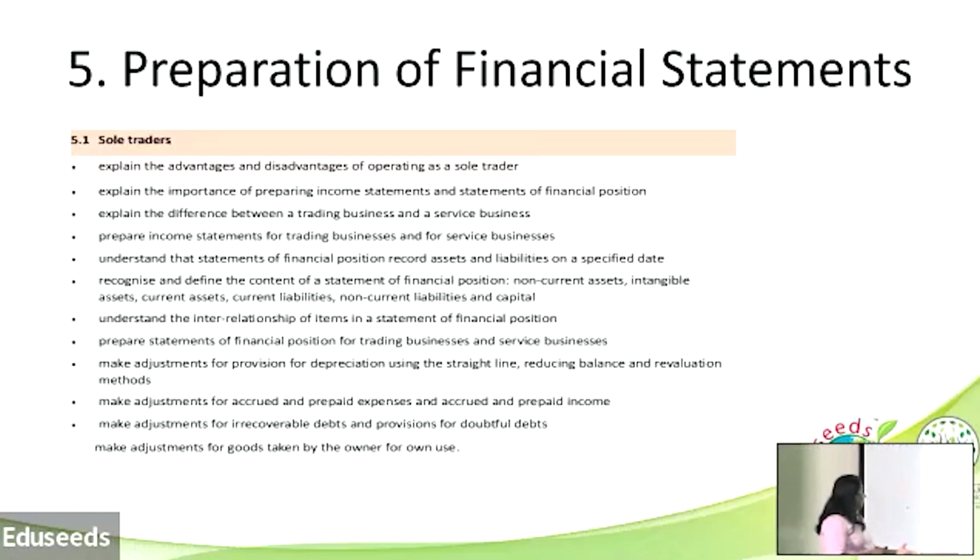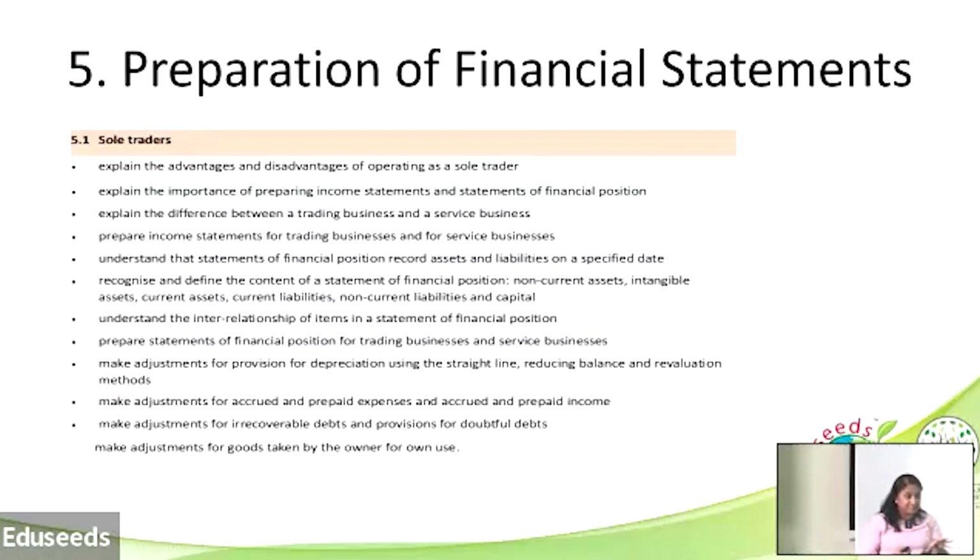So you need to know the advantages and disadvantages if you want to operate as a sole trader, right? And you need to know the importance of preparing the income statement and statement of financial position. You need to get the difference also between trading business and service business. What is a trading business? Basically, I buy and sell. I buy finished goods, I sell finished goods to my customers.